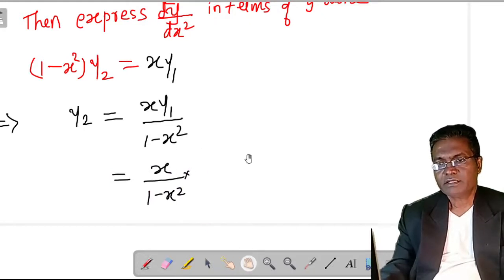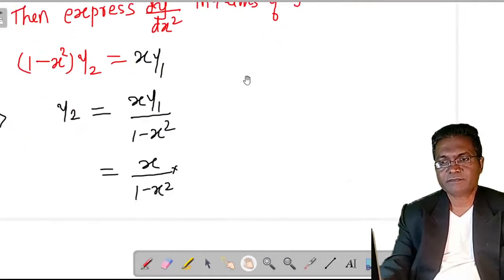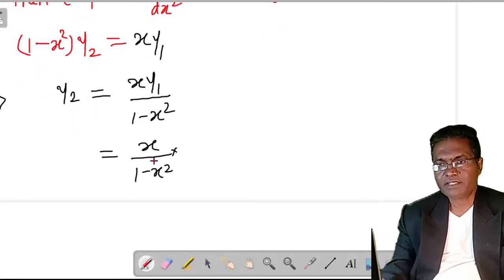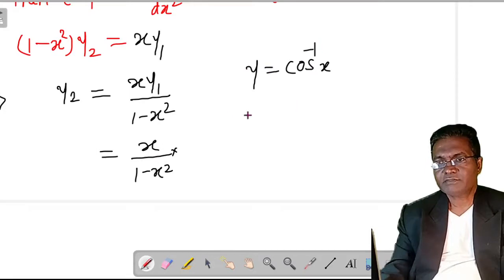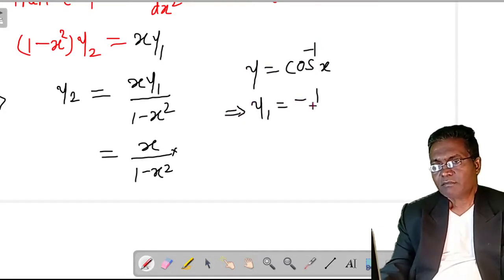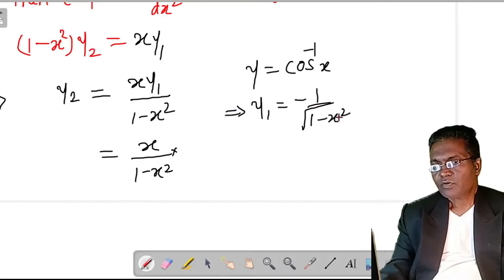Okay, so look here, x by (1 minus x square) as it is, and y1 means derivative of your y. What is the derivative of your y? Your y is cos inverse x, so its derivative is minus 1 by under root 1 minus x square.